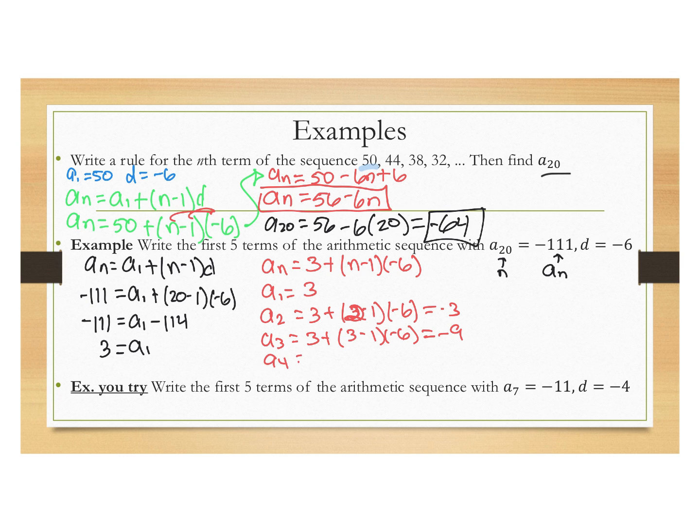A4, 3 plus 4 minus 1 times negative 6. Let's see, negative 15. And then the 5th term.